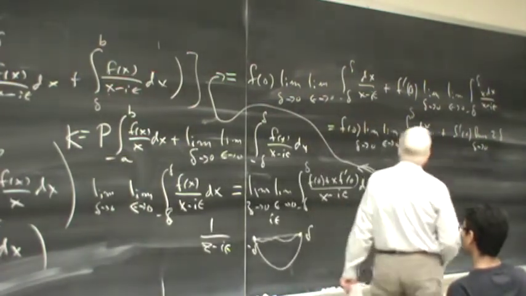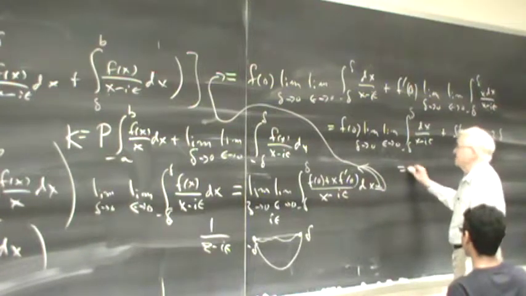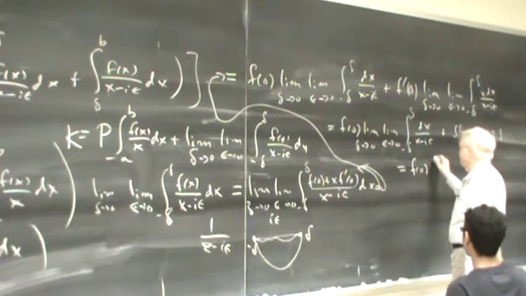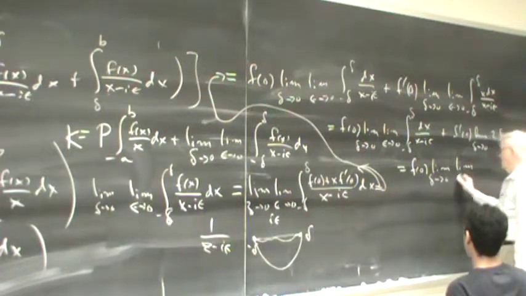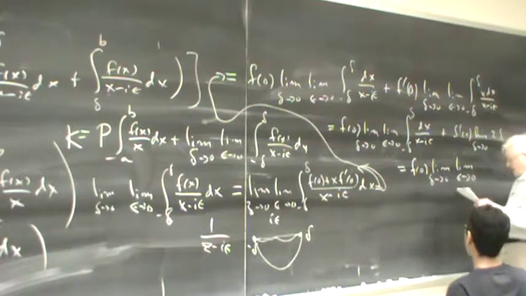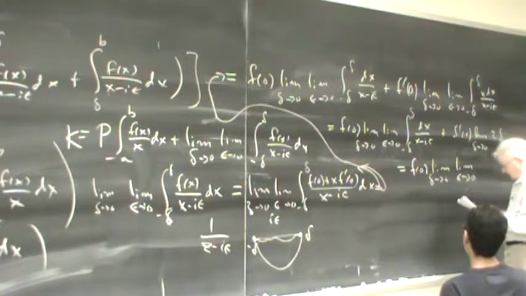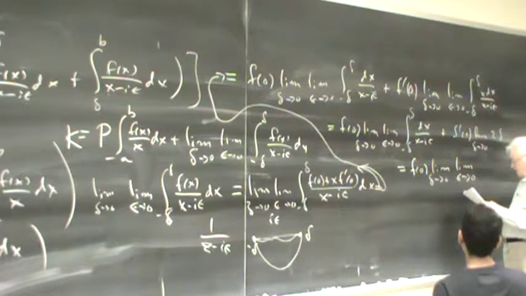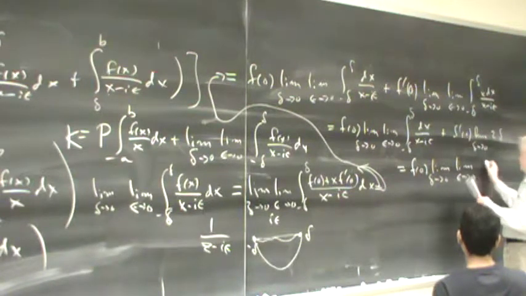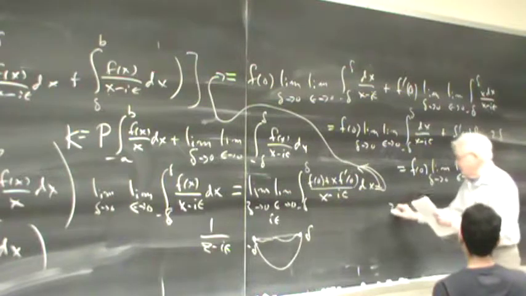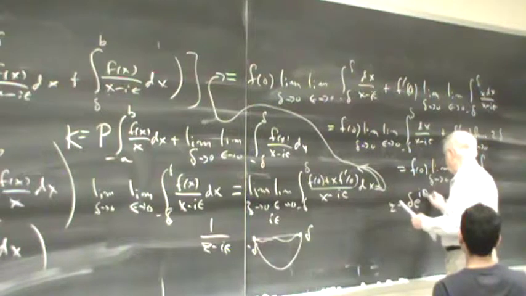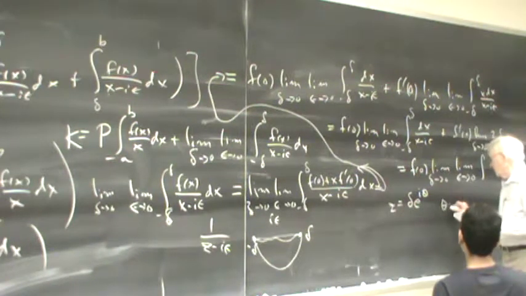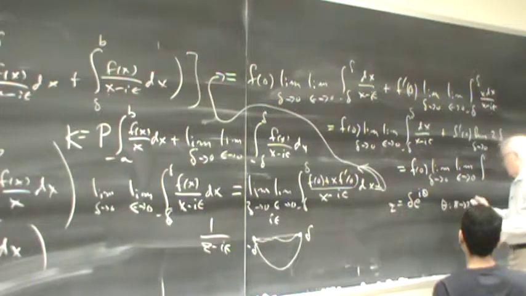And so we decide that we're going to rewrite this as f of 0 limit delta goes to 0, and epsilon goes to 0. And now this integral, let me do it explicitly here. It will be an integral. I'll set z equal to delta e to the I theta, and I'll let theta go from pi to 2 pi.